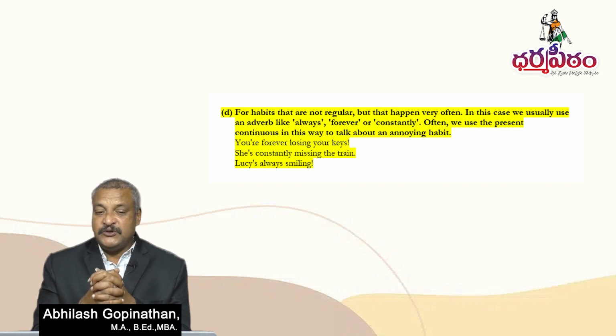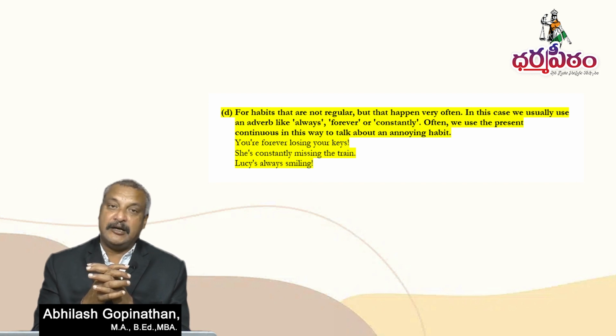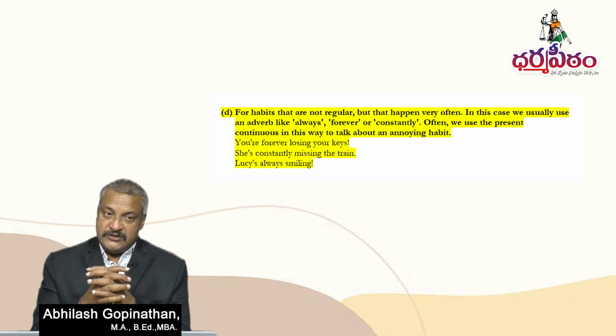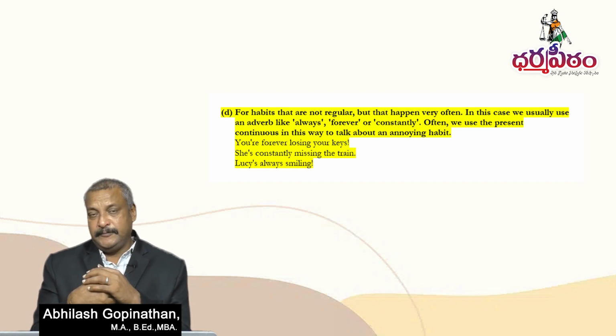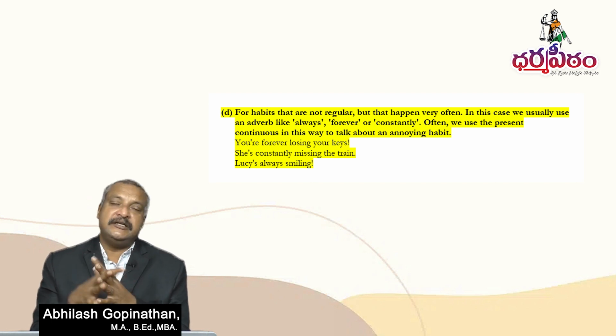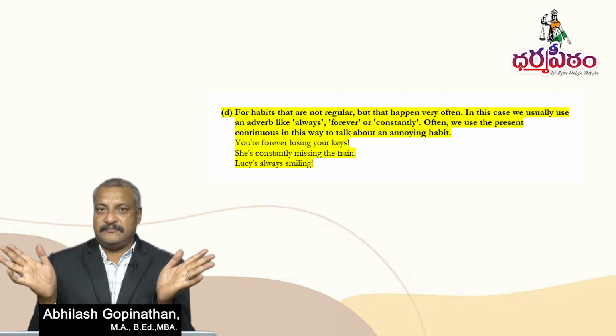In these cases, we usually use adverbs like always, forever, or constantly. Often, we use the present continuous in this way to talk about any annoying habit. So, this is also not a permanent habitual activity. It's not temporary either, or recently started either. It's something that at times comes and goes.